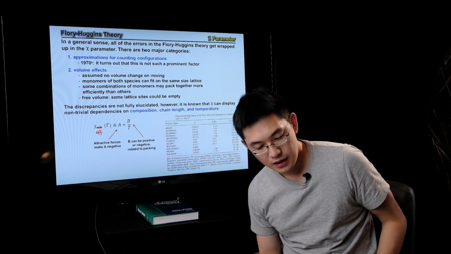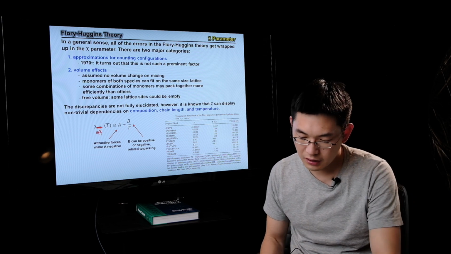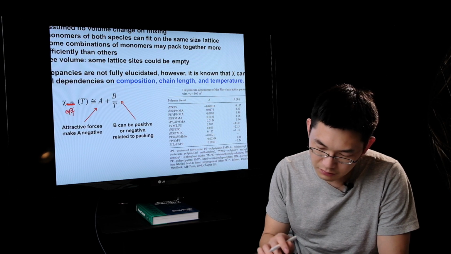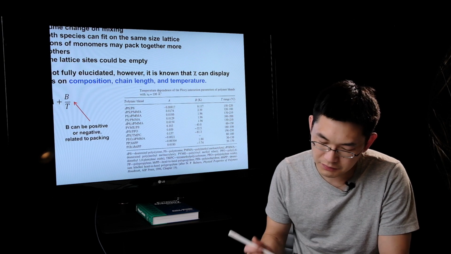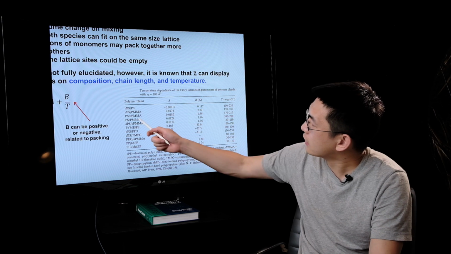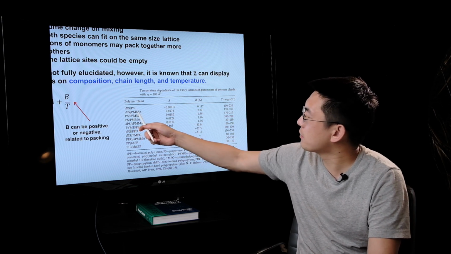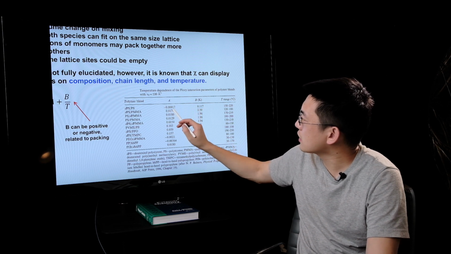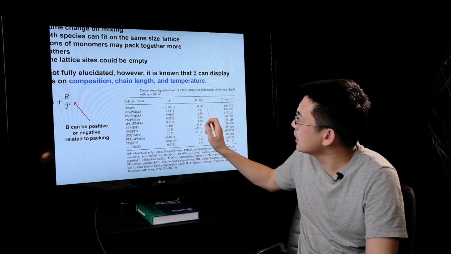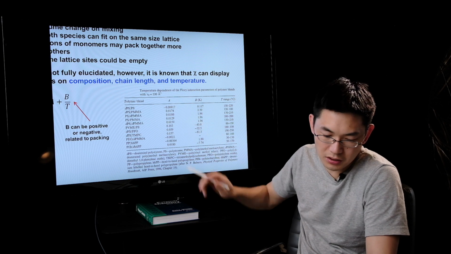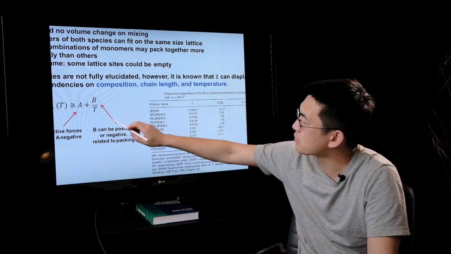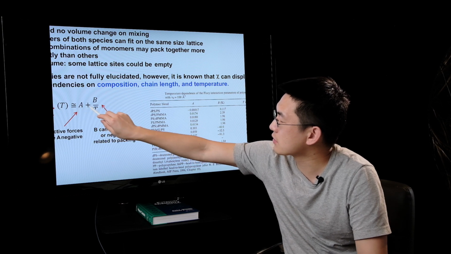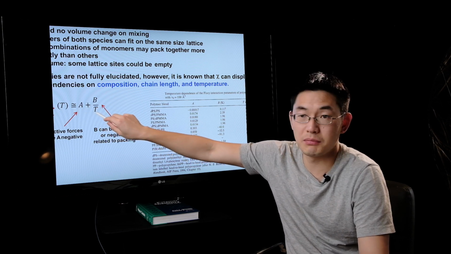For example, we show here a table summarizing the Flory-Huggins parameter for different polymer blends, for example deuterated polystyrene with PMMA, and deuterated polystyrene with polystyrene. You can see A is a constant, and B is a temperature-dependent term, as shown here. Chi is equal to a constant plus a term with inverse temperature dependence.